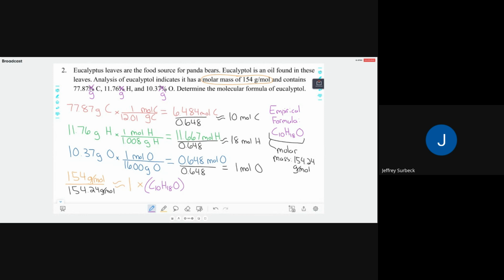So in this case, if we multiply everything by 1, our molecular formula and our empirical formula will actually be the same, which is okay to have. All right. So to finish this problem out, we would have C10H18O, and this right here would also be our molecular formula.